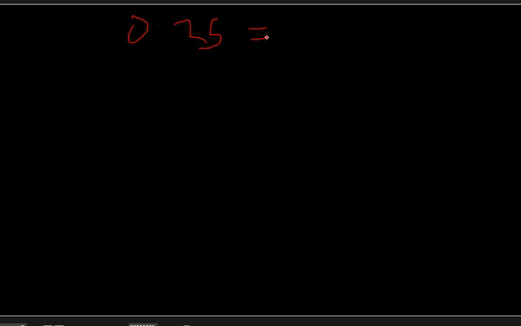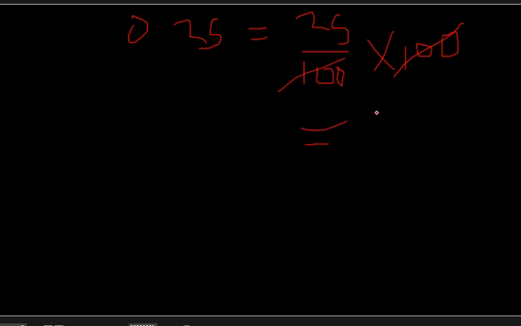So 0.25 is equivalent to 25%. So this is how you convert 0.25 into a percentage. You've got 25%. These are some of the examples.